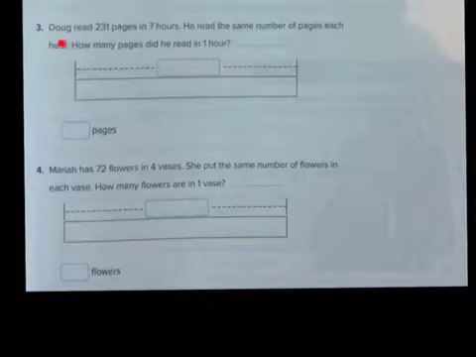Okay, number 3. Doug read 231 pages in 7 hours. 231 is the total amount in 7 hours. 7 hours will be broken up in here. He read the same number of pages each hour. How many pages did he read per hour? Okay. Let's go ahead and fill that out, boys and girls. And now it will be the time when you take 231 and you divide it by 7.